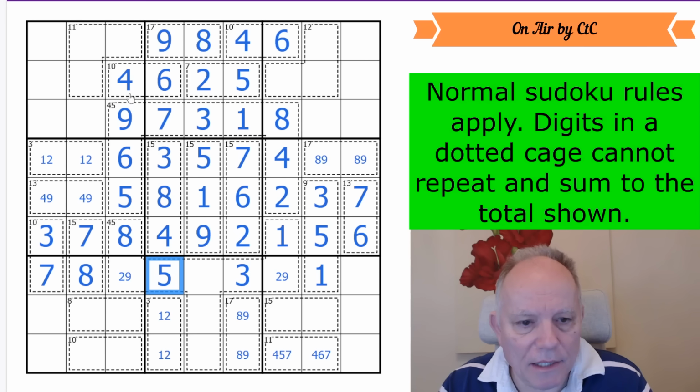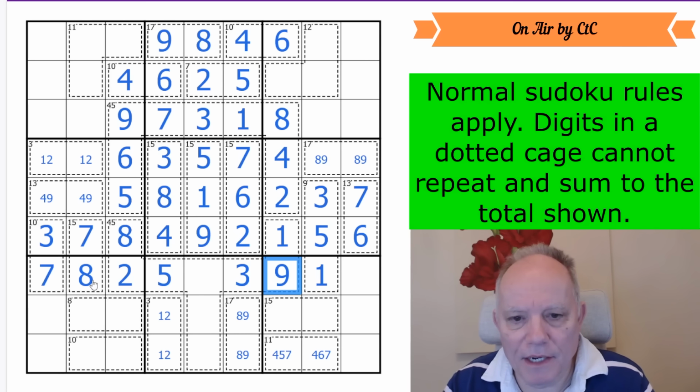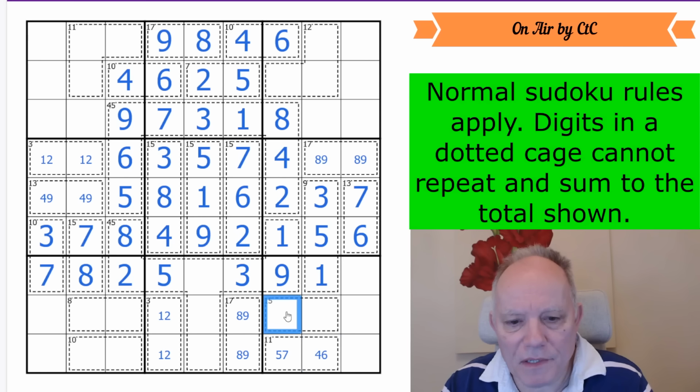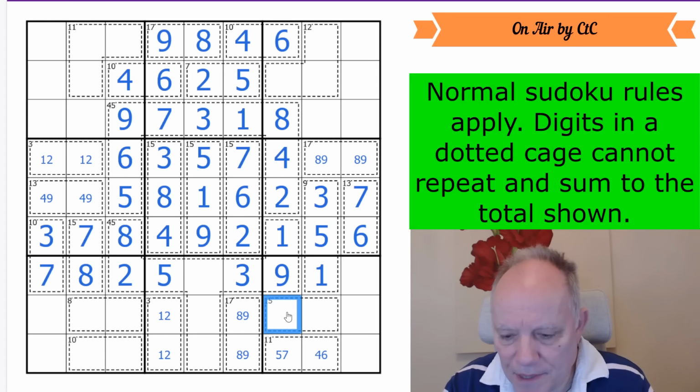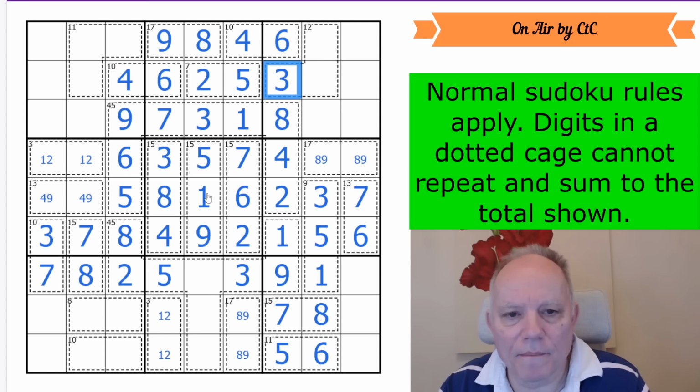And what's next, would you say? That becomes a 2 in the column, that's a 9. Now this can't be 4. 3, 5, and 7 to go. This one has to be a 7 out of those. And we get the 3 in that column up the top.